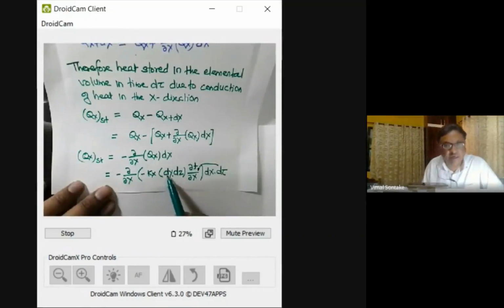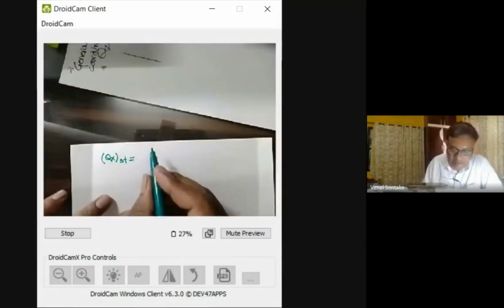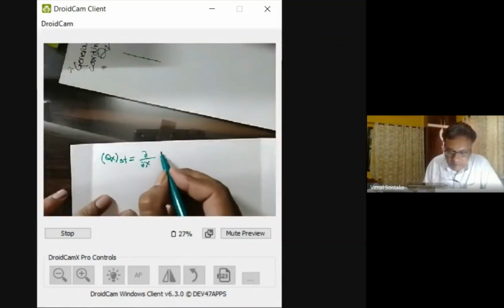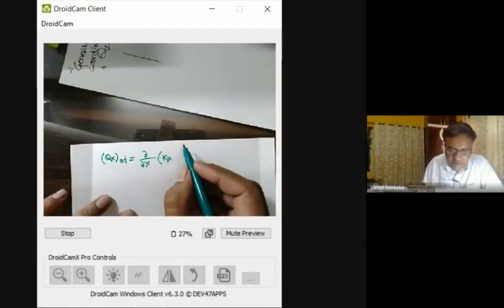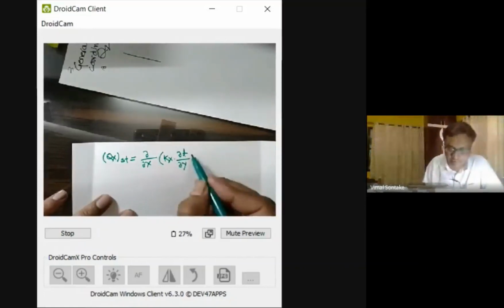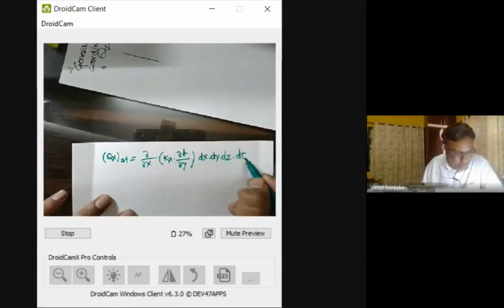So I can take both these values out from this bracket. So simplification will give me: del over del x of kx del t over del x. Now dx is already out, and I am taking dy and dz out, multiplied by d tau.